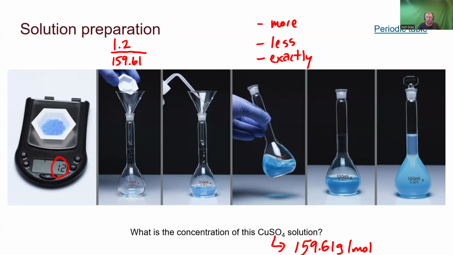What is the next actionable step that I do? When you are asked about preparing a solution, you need the mass that's provided in the question or in the scenario, 1.2 grams. And you are going to divide that by the molar mass of the substance in question. So 1.2 divided by 159.61.